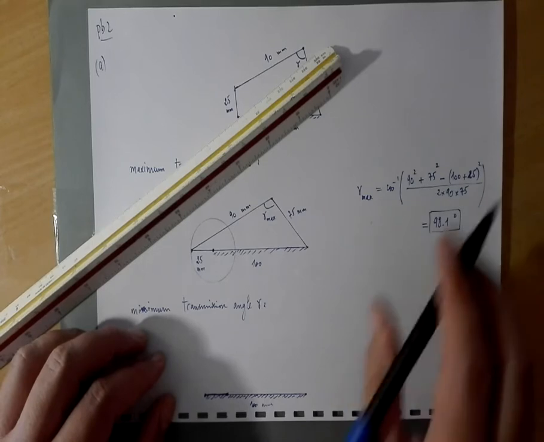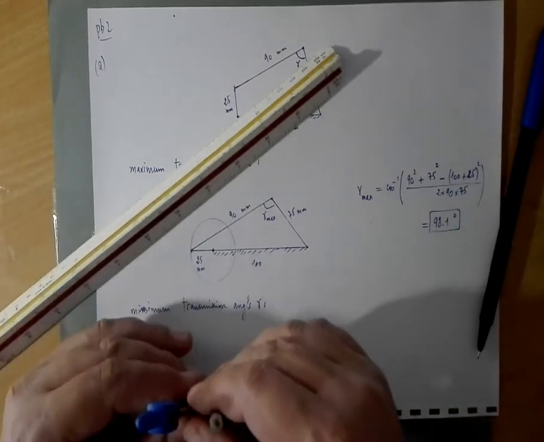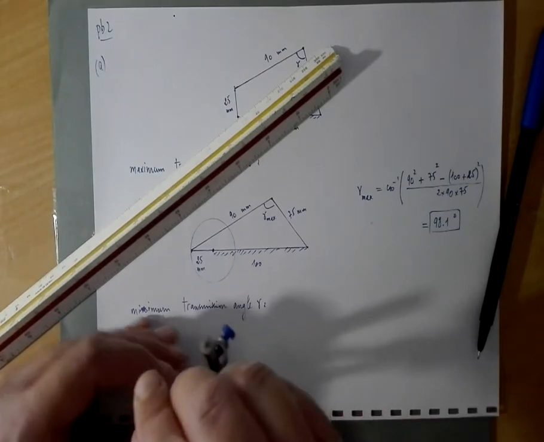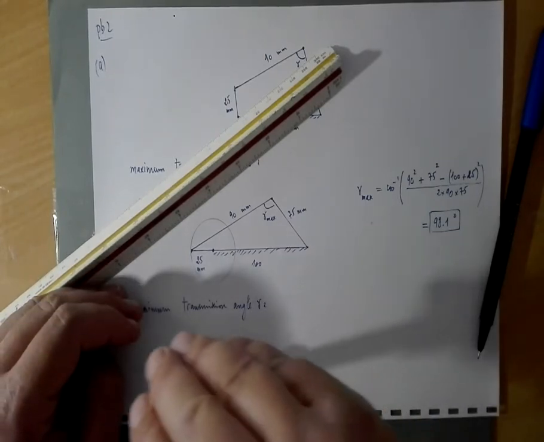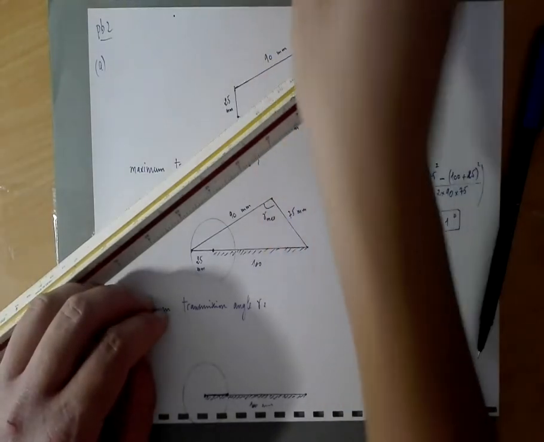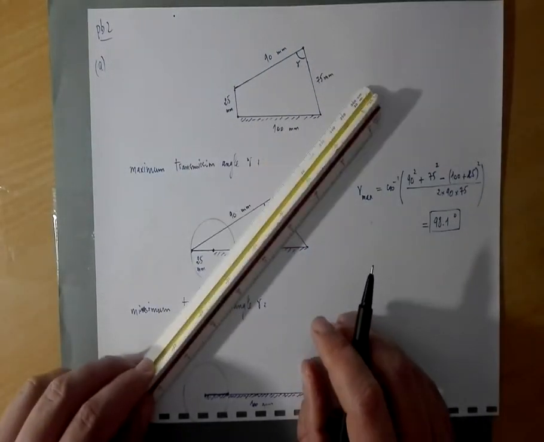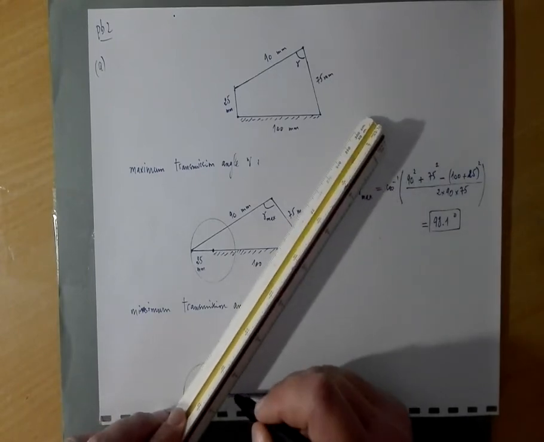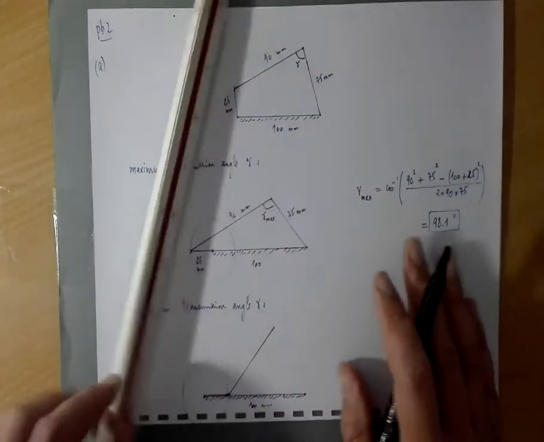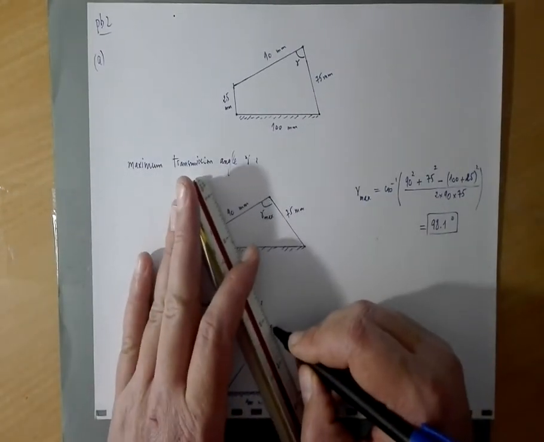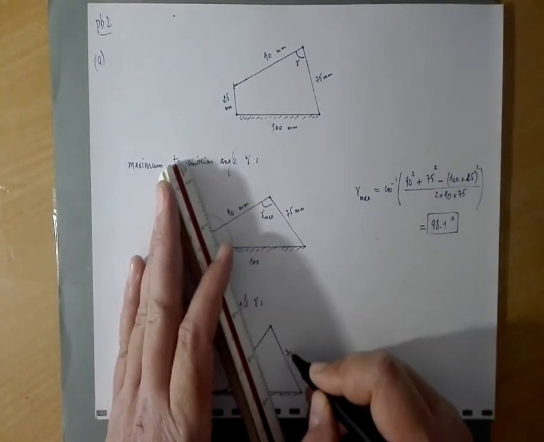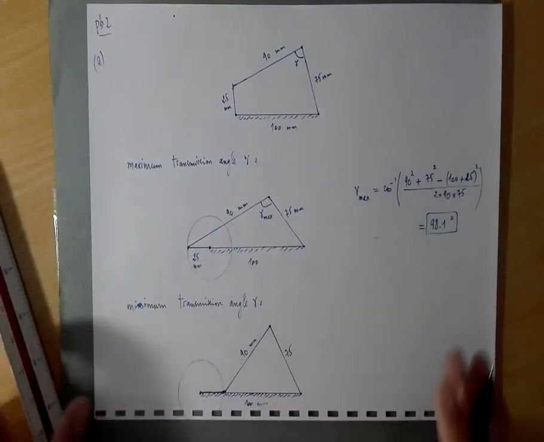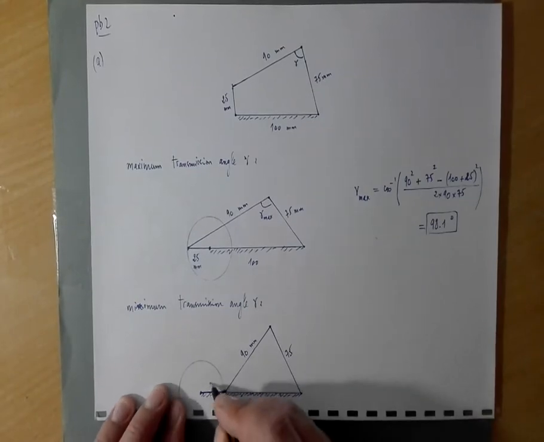Okay, so the crank is revolving like this. So this time the rocker 75 and the coupler 90 millimeters. Okay, here 25.